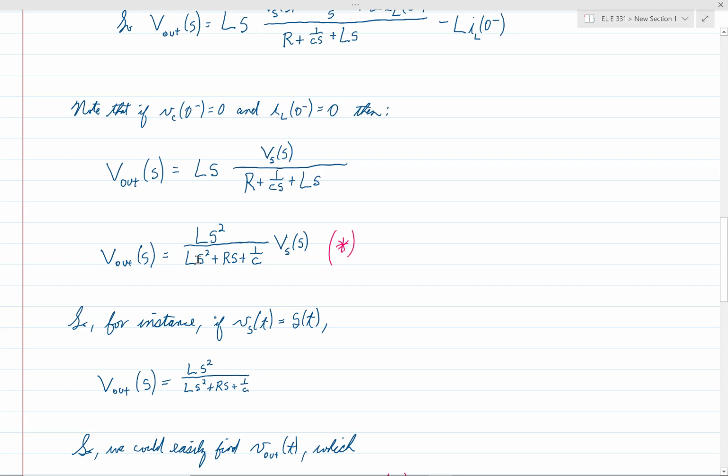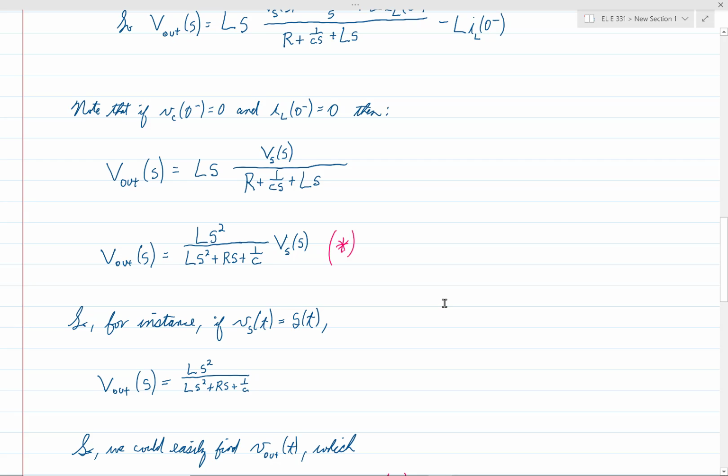So that gives us V out of S in terms of Vs of S. And notice that to get this expression, I've simply taken the Vs of S over here, and I've decided to go ahead and multiply top and bottom by S so that we wouldn't have this 1 over S here in the denominator.